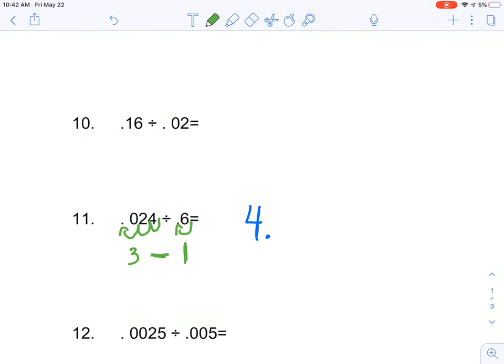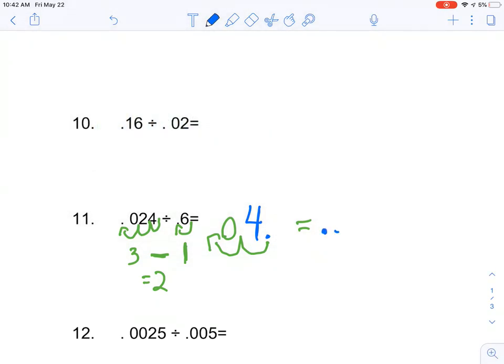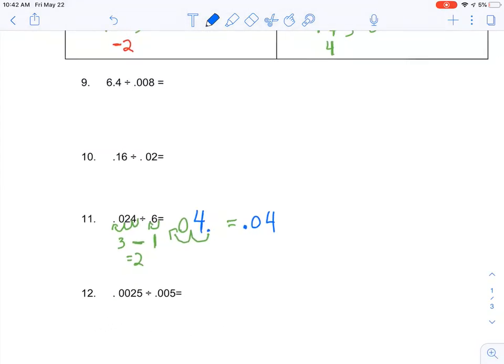So 3 minus 1 equals what? 2. So it's a positive number. That means we must move in what direction? Forward. 1, 2. So what's our answer? Our answer equals 0.04.